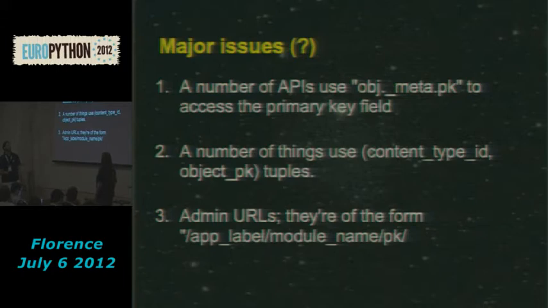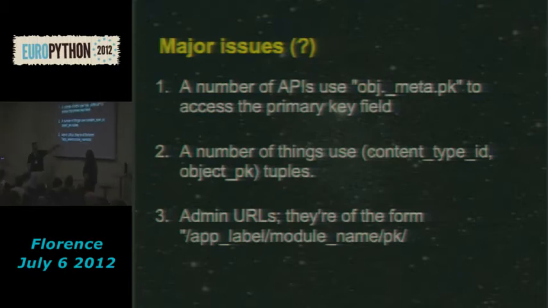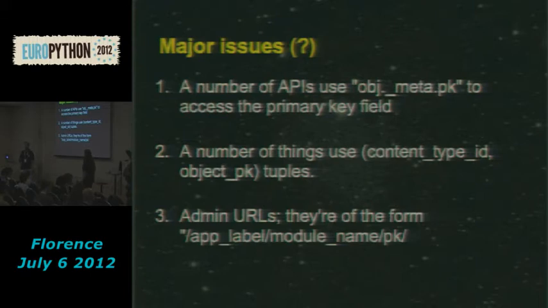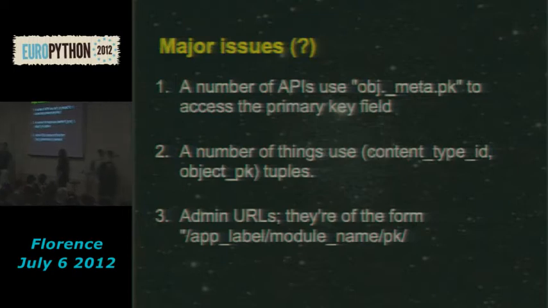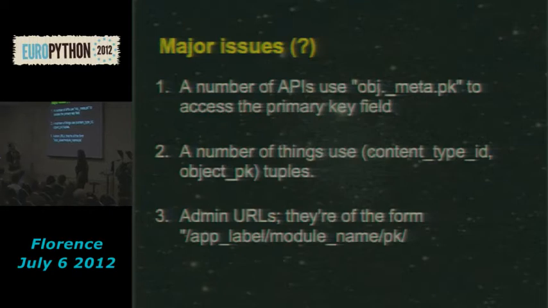When you ask the object for the PK, for example, the admin is one of the applications built on this assumption. So we have to add support for the composite key, but we don't want to lose backward compatibility with all the applications that are running now.